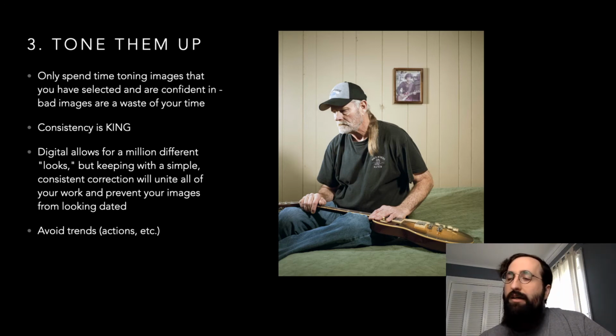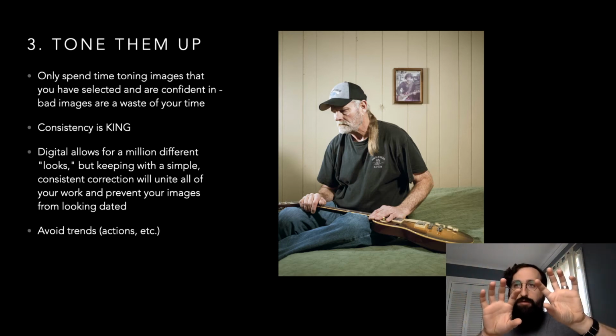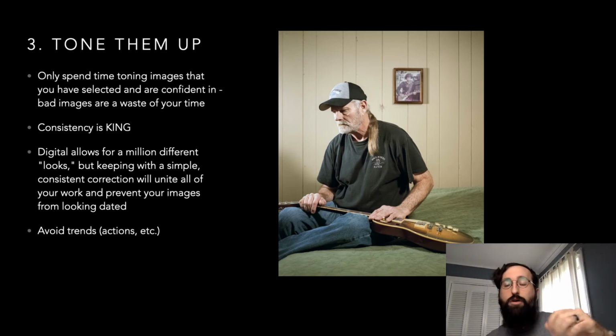And I would say 95% of the time that's total bad news, because what you end up with is just a smattering of random looking images, and it's very confusing for a viewer, because when someone sees images color corrected in very different ways, they're saying that these don't go together, these aren't connected. So by having a consistent process in which you color correct your images, we all color correct slightly differently. We might see the images being a little bit more cool, or a little bit more warm, or a little more contrast, or a little less contrast.